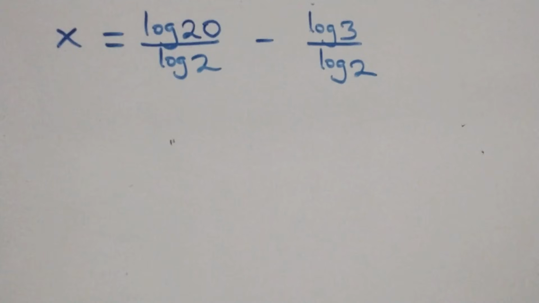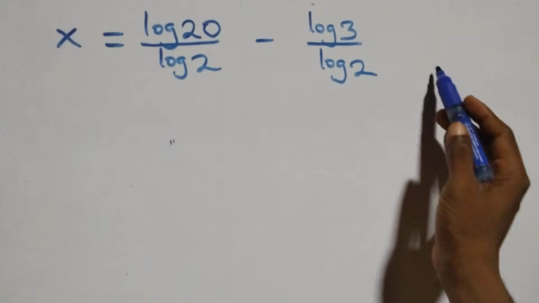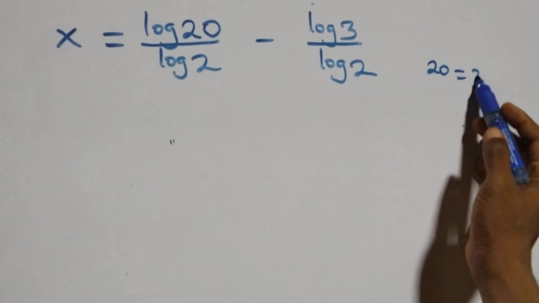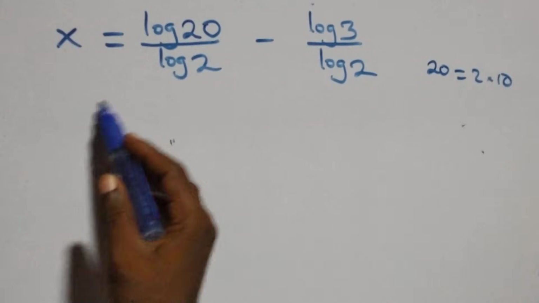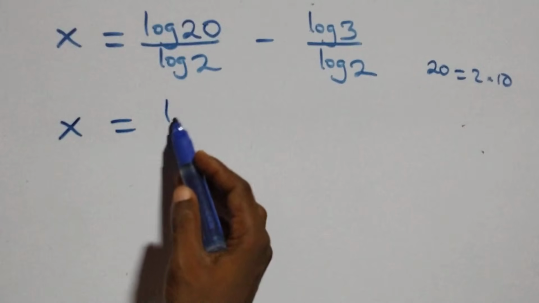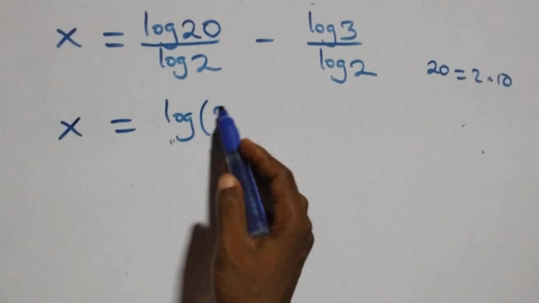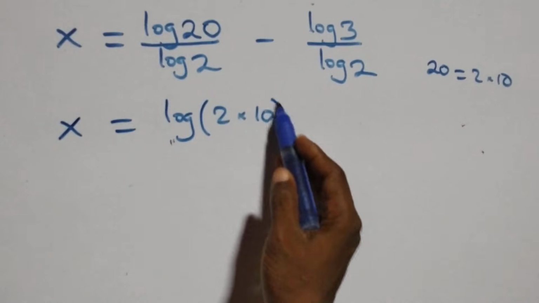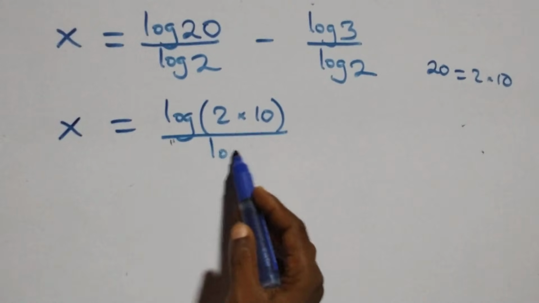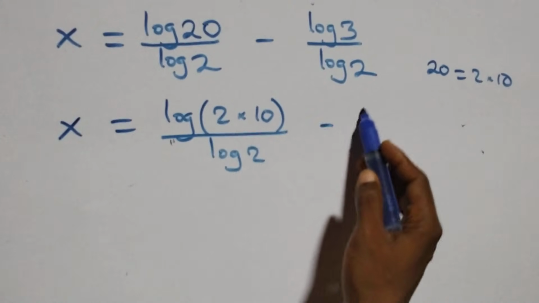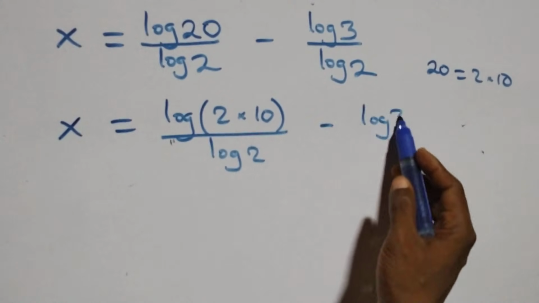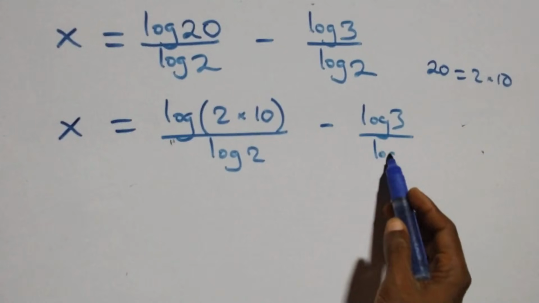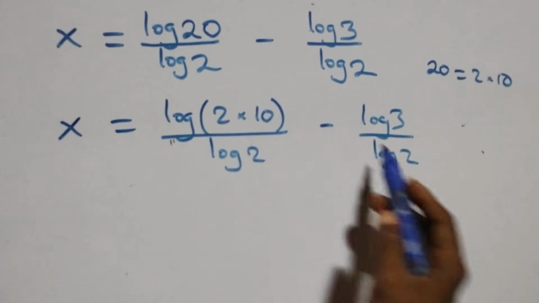Then, next step here, 20 can be written as 2 times 10. That is, here we have x equals log 2 times 10 over log 2 minus log 3 over log 2. And also this follows the law of logarithm.